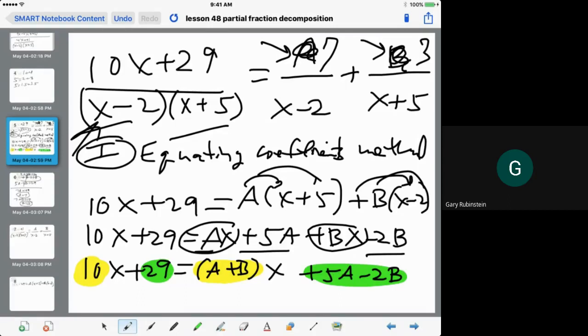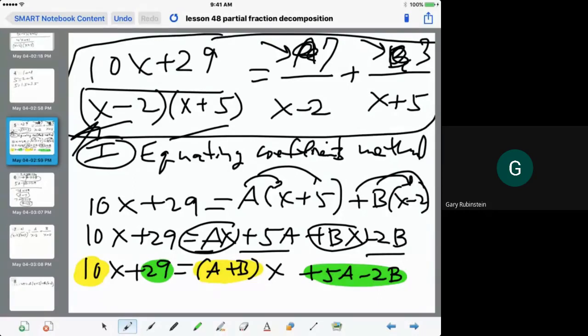So this equation is going to be true if I put in a number. Like if I took this equation when it's finished, with the 7 on top and the 3, and I stuck the number 3 in to both sides, I would get 59 in the numerator and 8 as the denominator. I get 59 over 8.